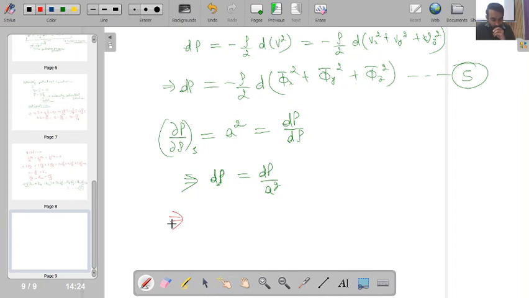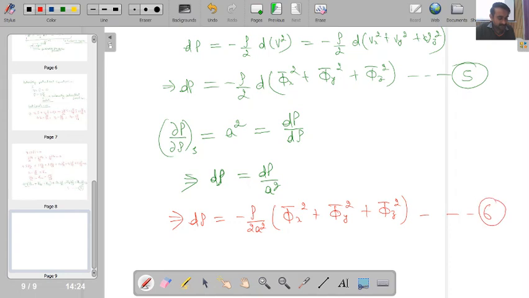Now dp I have calculated, so I got minus rho by 2a square into phi bar x square plus phi bar y square plus phi bar z square. This is my equation number 6.